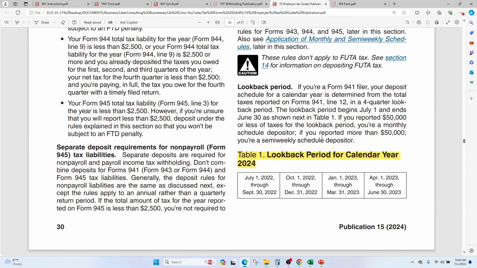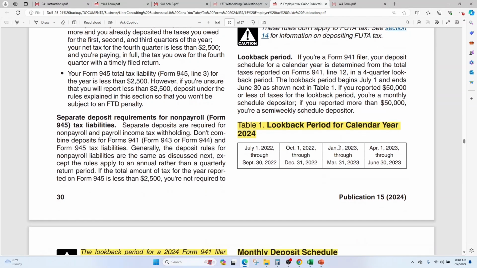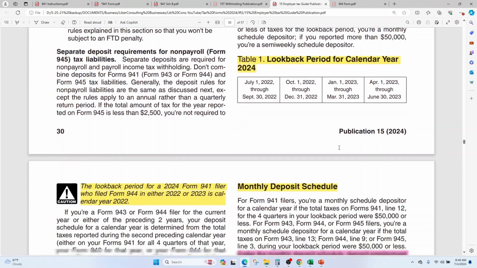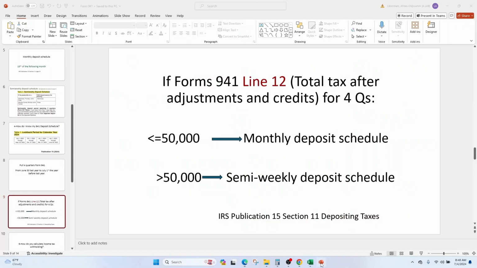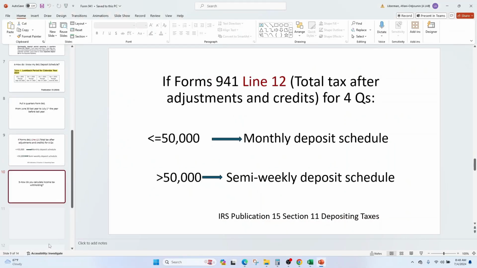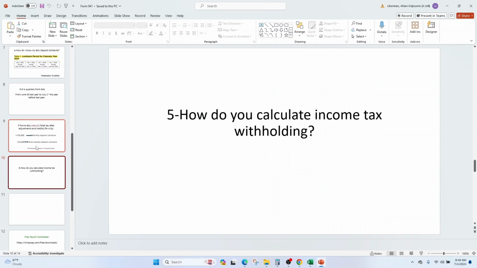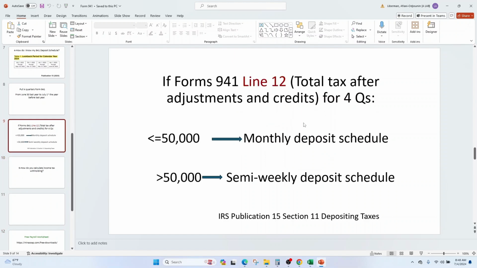The look back is captured from here. So we are going to detail this more.